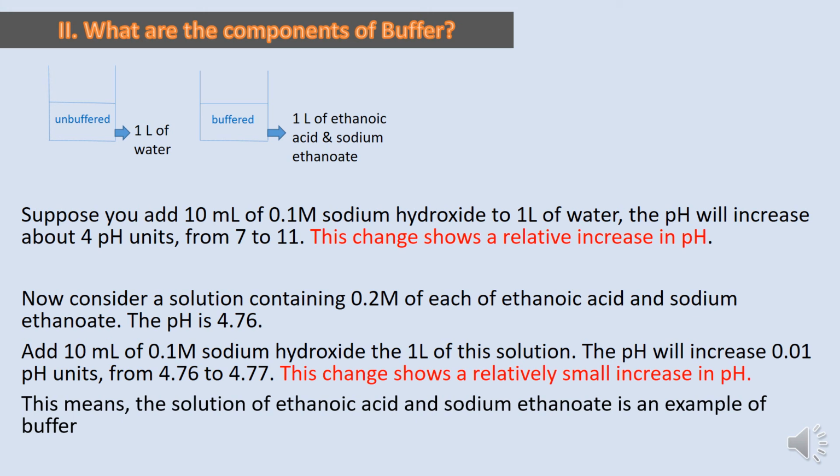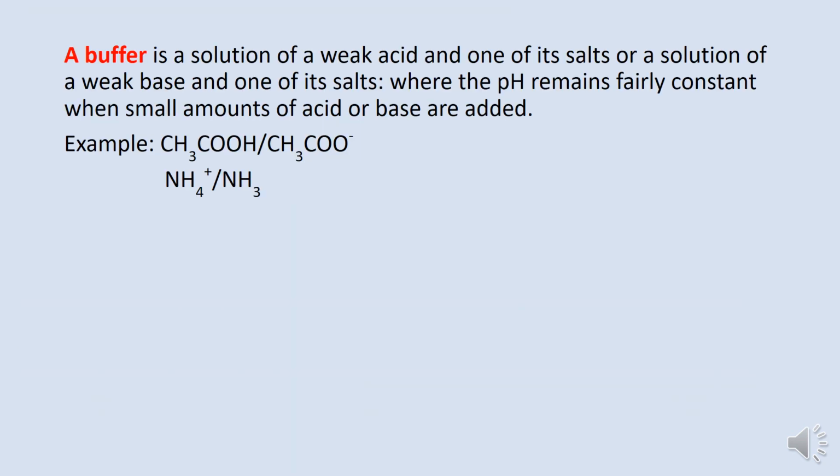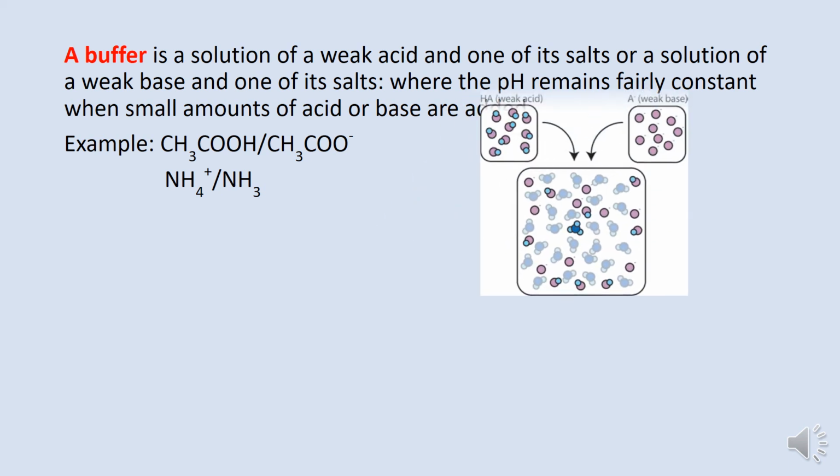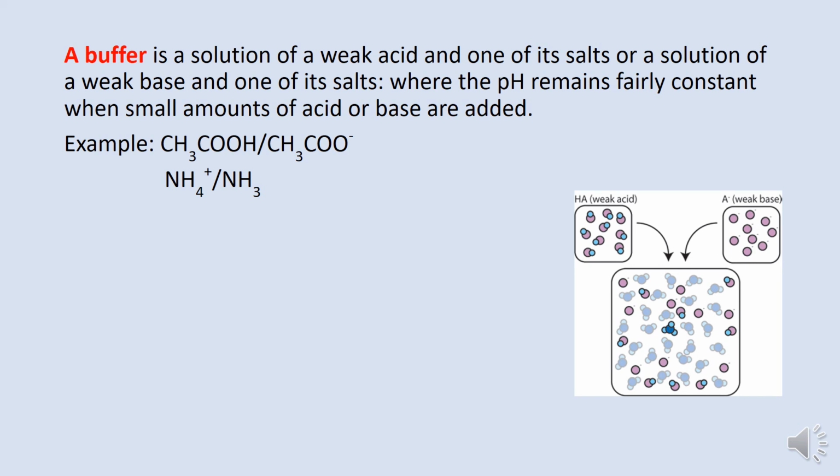So, what are the components of a buffer? The components of a buffer are a weak acid and its salt. So what is a buffer? A buffer is a solution of a weak acid and one of its salts, or a solution of a weak base and one of its salts, where the pH remains fairly constant when small amounts of acid or base are added.